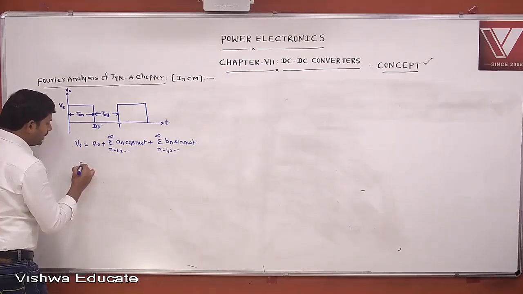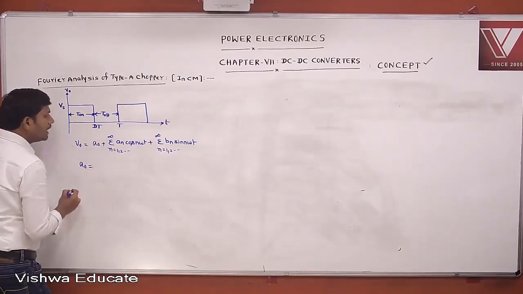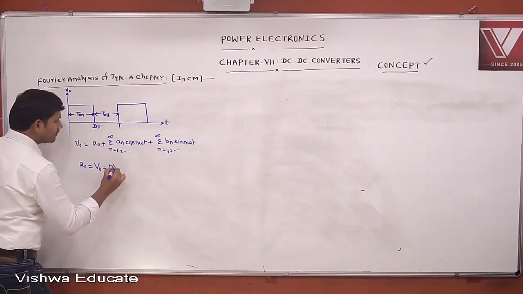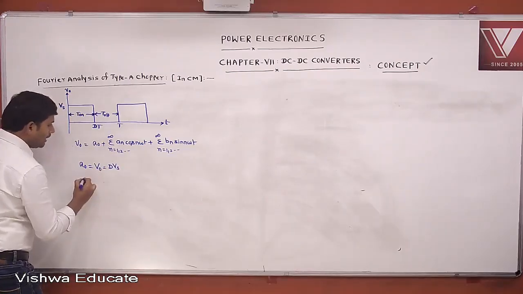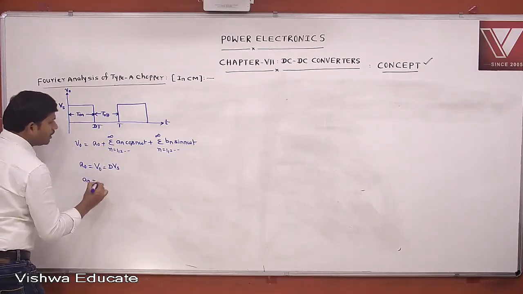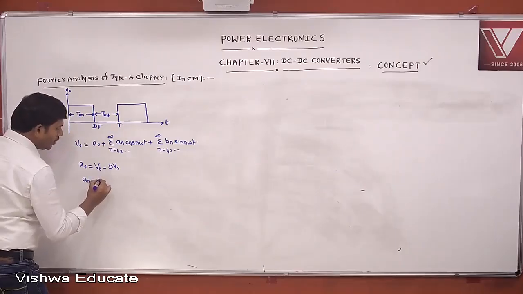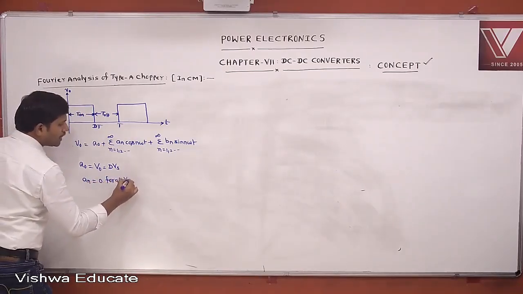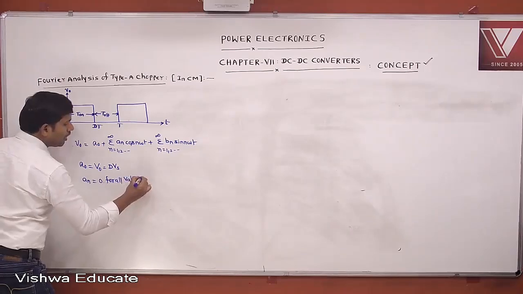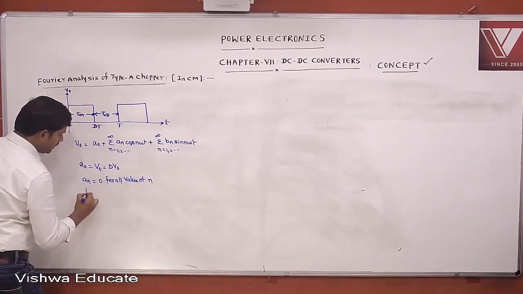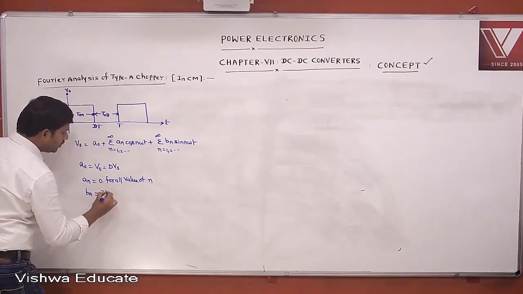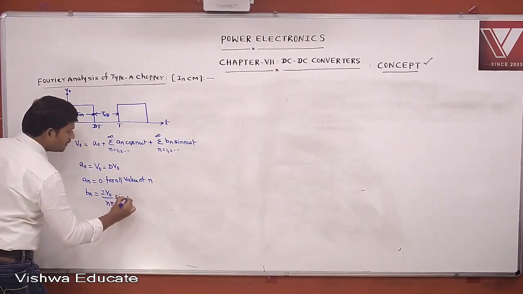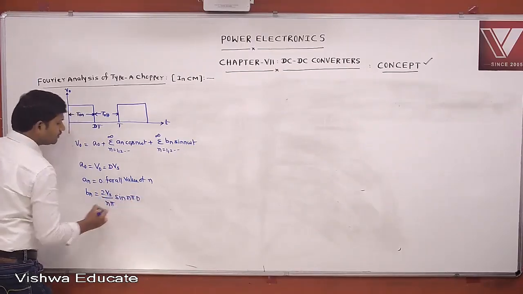A0 is V0, which is equal to dVs. An is 0 for all values of n. Bn equal to 2Vs by n pi sin n pi d.